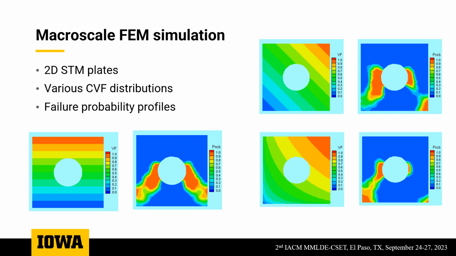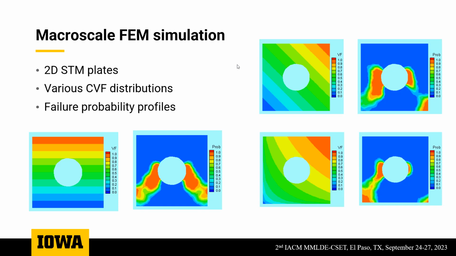Under uniaxial tension, we can look at the failure probability profile on the plate with the different volume fraction distributions. Mostly the failure can be viewed as crack propagation towards the smaller ceramic volume fraction.